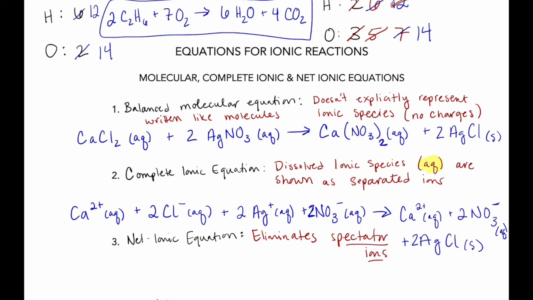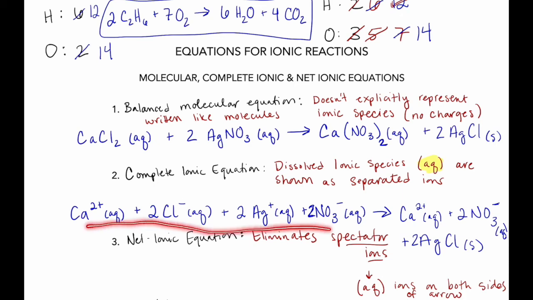These ions are what we see as aqueous ions on both sides of the arrow. They're called spectator ions because they don't participate in the reaction.